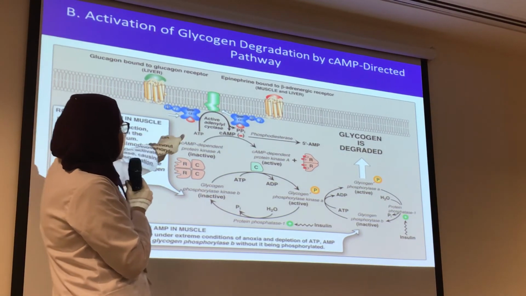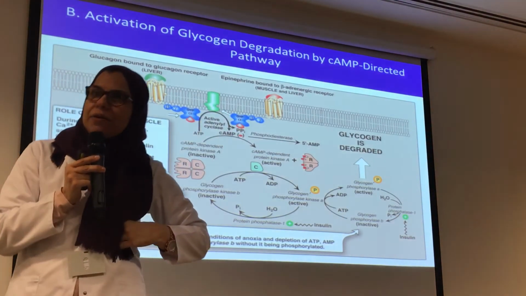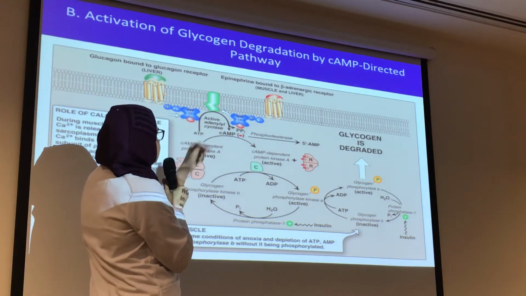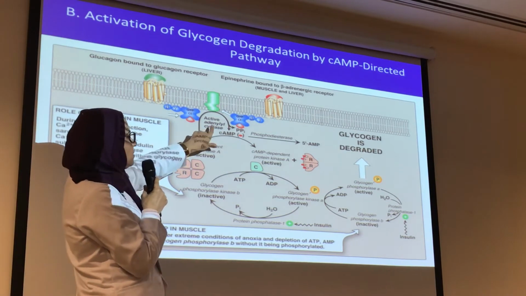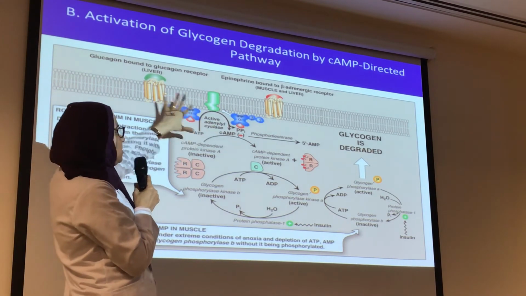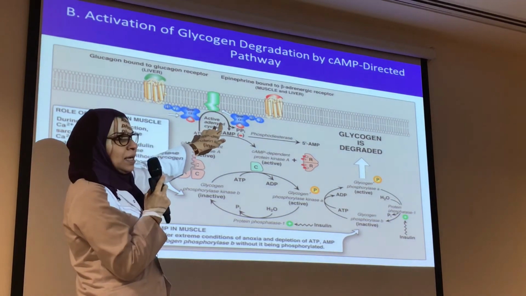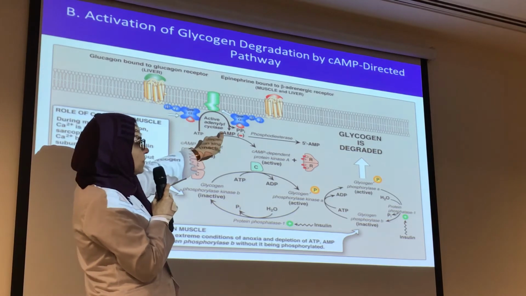So what is the first step? This is what you probably have learned in other blocks. What is the first step here? You need to activate the G protein that is going to activate what? The adenyl cyclase in order to make what?